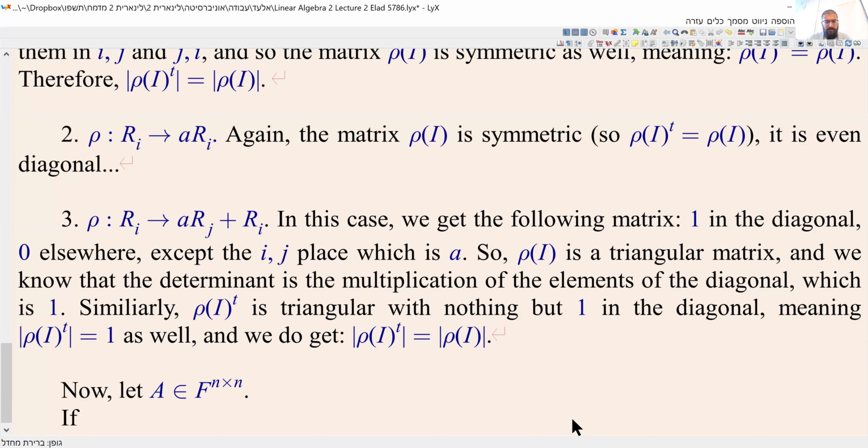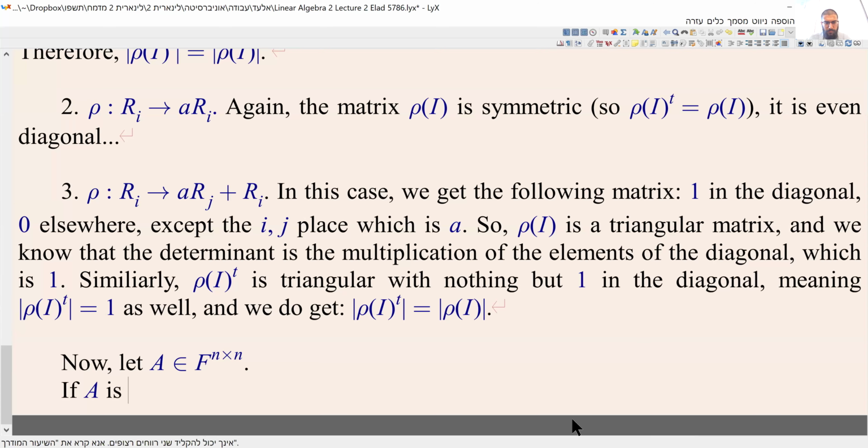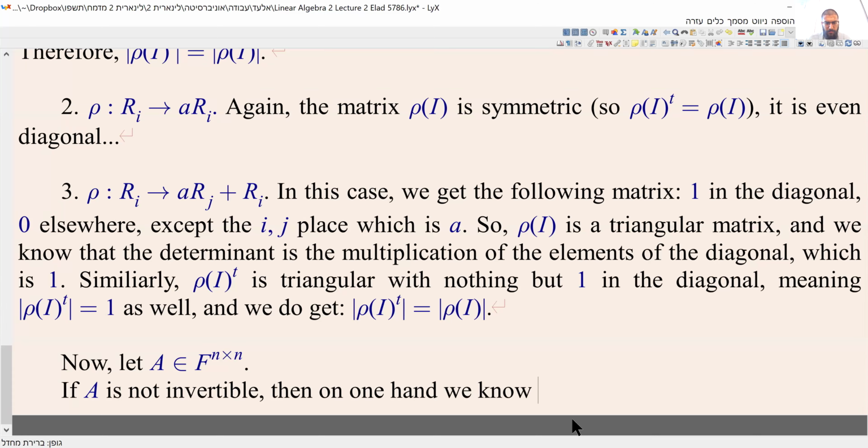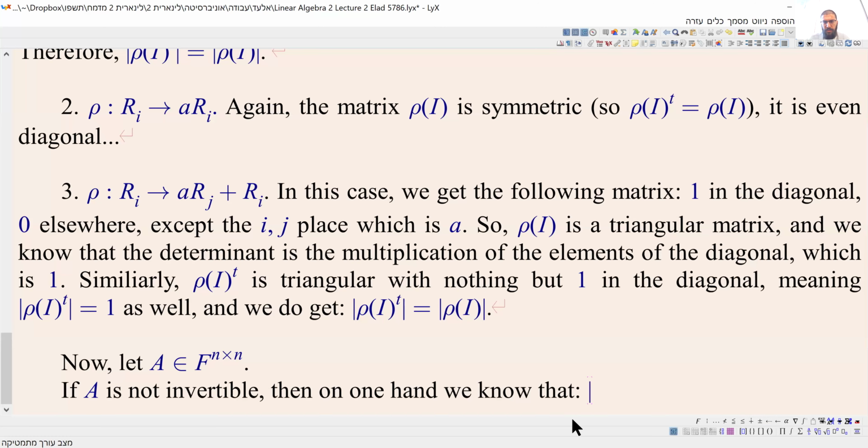The simpler one is if A is not invertible. Then on one hand, we know that the determinant of A is 0. We explained it last week.